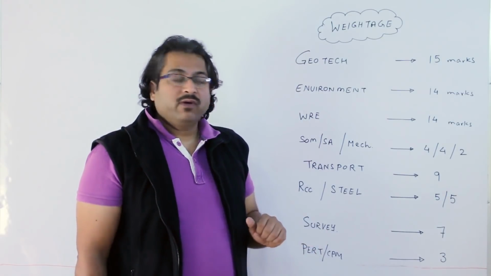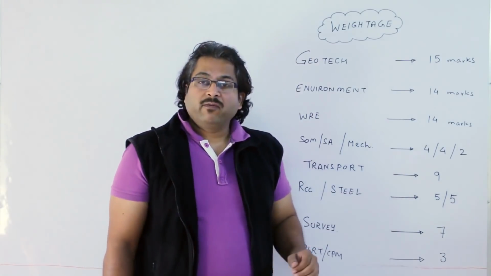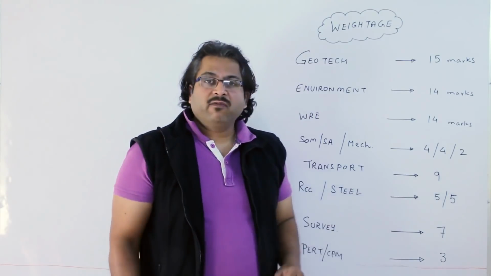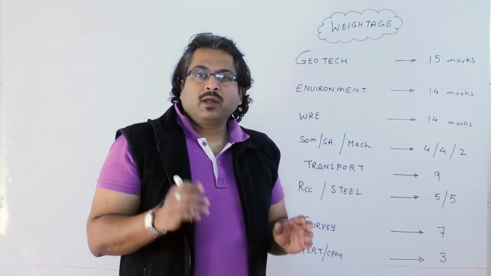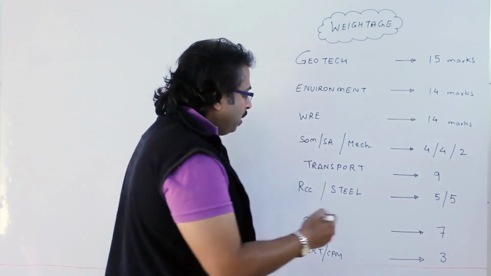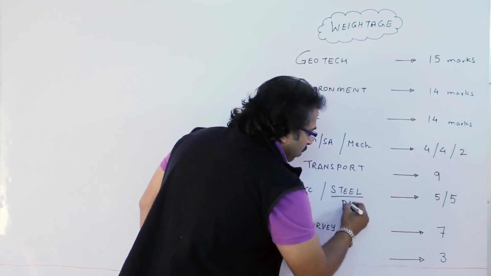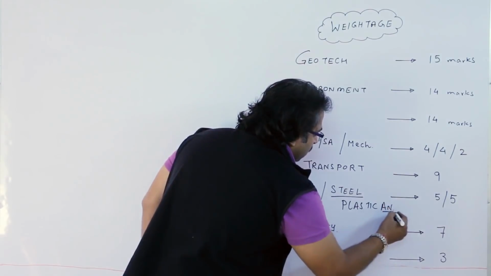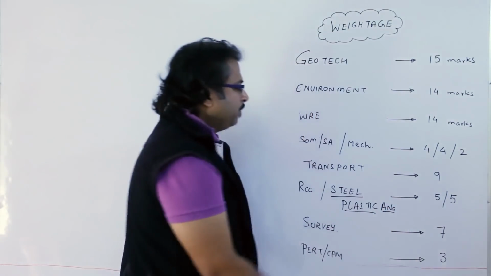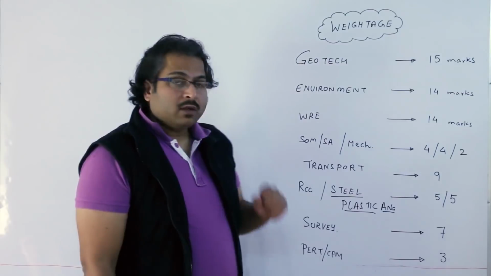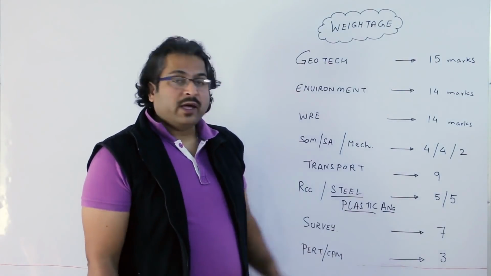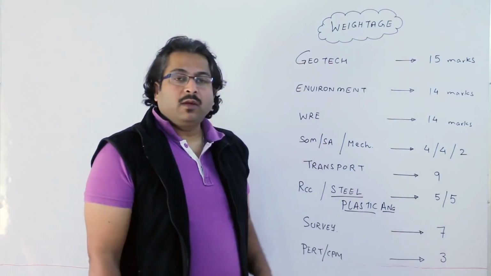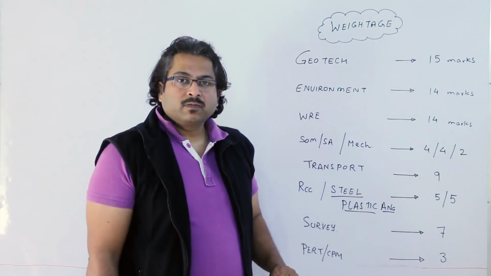RCC carries 5, steel carries 5. When I say steel carries 5, I am also including the plastic analysis part. Survey carries 7 and CPM carries 3.